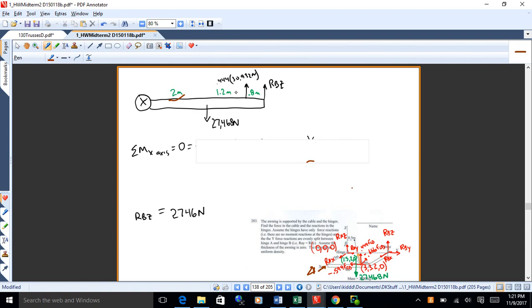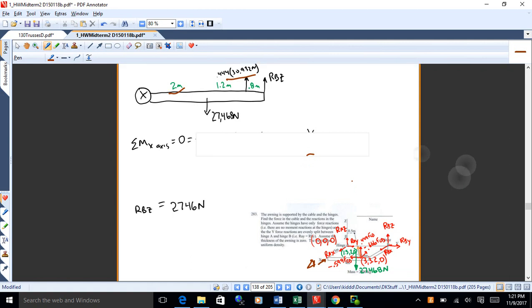So I'm going to get the cable force times its moment arm. That would be counterclockwise positive. The weight times its moment arm, which would be negative. And then I'll have my unknown RBZ times its moment arm. And that's counterclockwise positive. So I'll solve for RBZ, 2746.